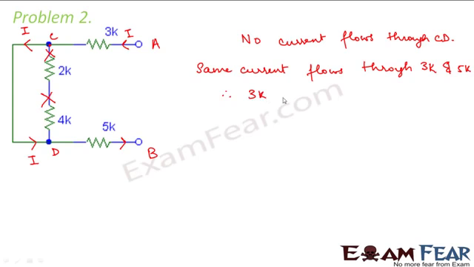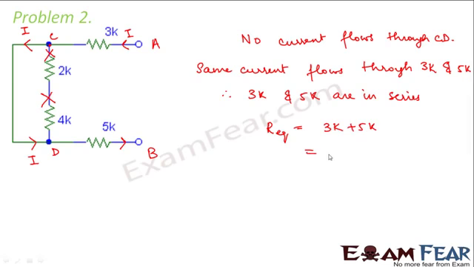Therefore 3 kilo ohms and 5 kilo ohms are in series. So what would be the equivalent resistance? That will be equal to 3K plus 5K, that is equal to 8K. So this would be the equivalent resistance of this combination.